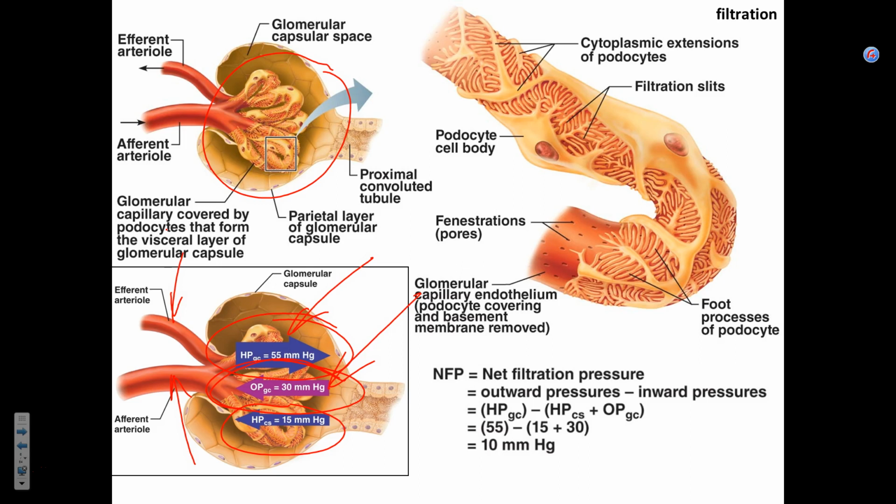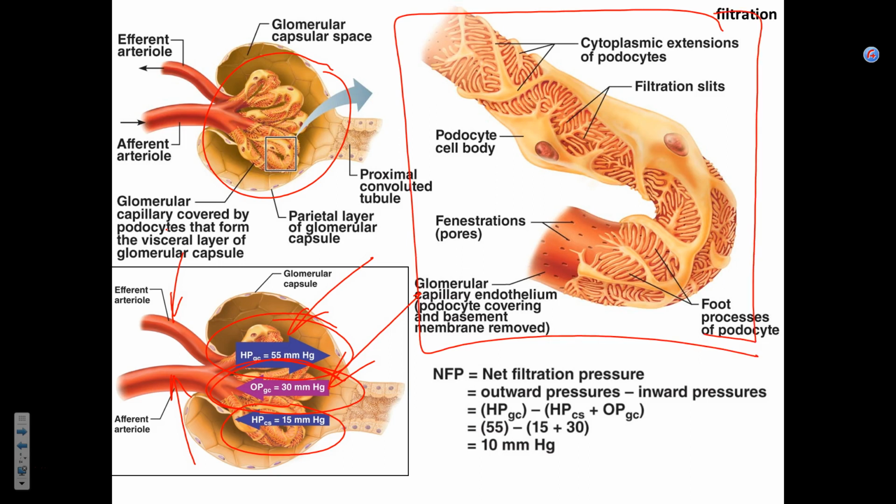How does that happen? For this we need to figure out the structural elements of the glomerulus that are responsible for the actual process of filtration. In the picture on the right side of the slide, you can see a capillary, the red structure with the multiple fenestrations, surrounded by podocytes.